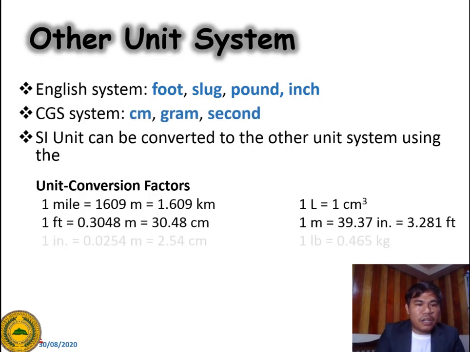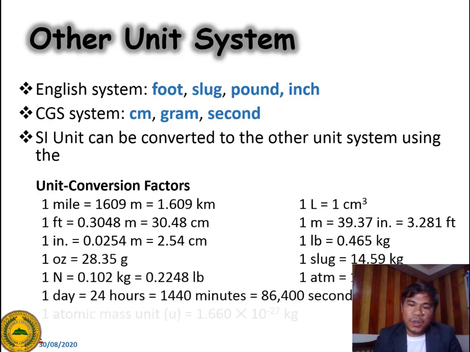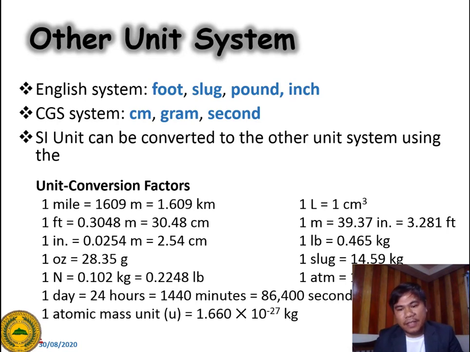For conversions, all you need is to take note of the common conversion factors. For example, if we talk about distance, going from SI to English, you need to know that 1 mile is equivalent to 1,609 meters, or 1.609 kilometers.